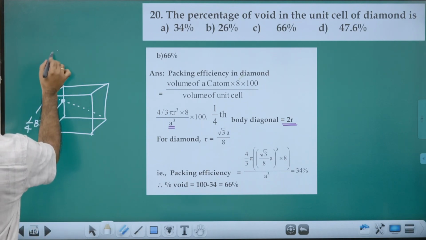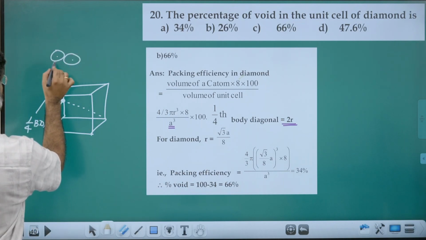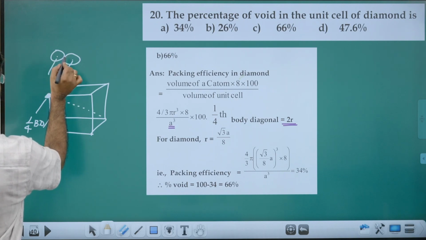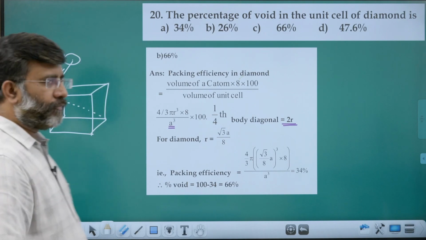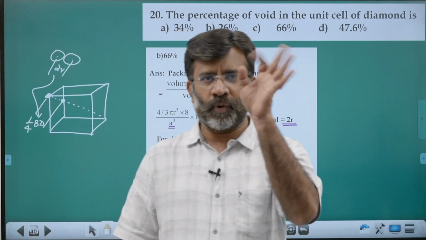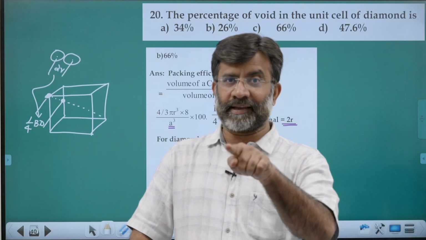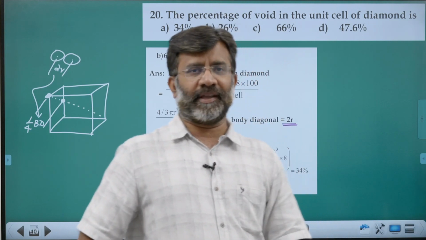See, the 2 particles in contact, this distance is 2r, and that is nothing but 1/4 body diagonal. What is body diagonal? All of you know, root 3a.